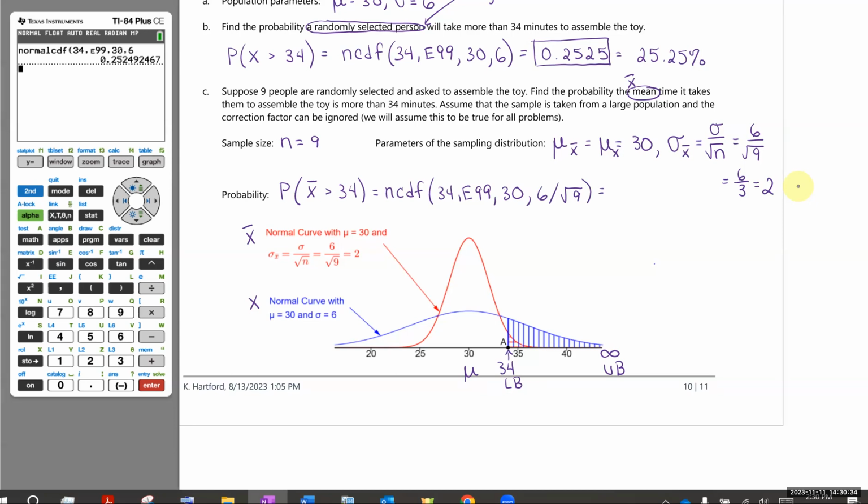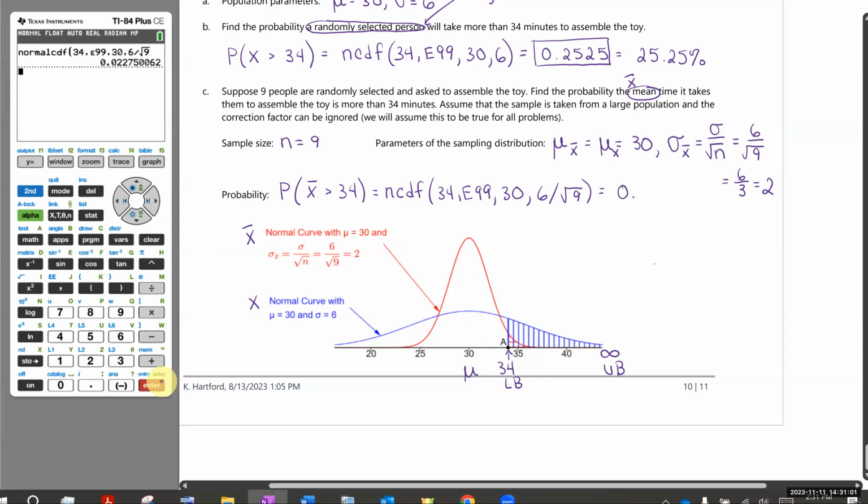So I'm just going to clear my graph there, calculator, and start fresh. So I'm going to distributions, normal CDF, 34, comma E99, comma 30, and then 6 divided by square root of 9.